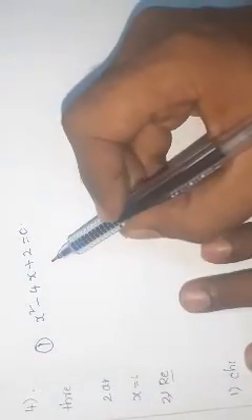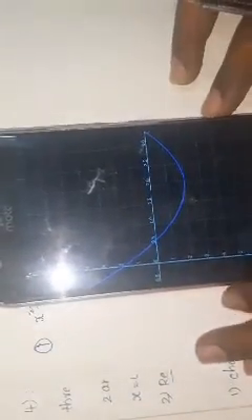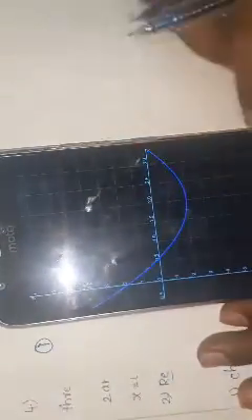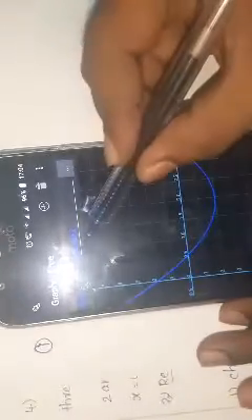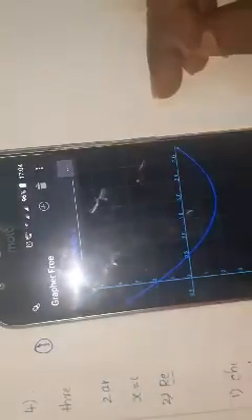So now we are doing a simple problem, a quadratic equation, using the bisection method. First we will discuss this graph of the continuous function. This is x square minus 4x plus 2, the equation we are discussing.